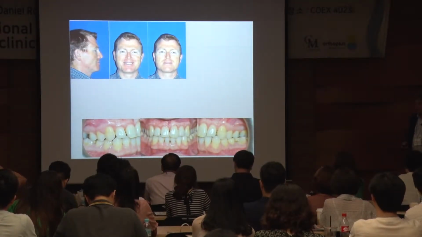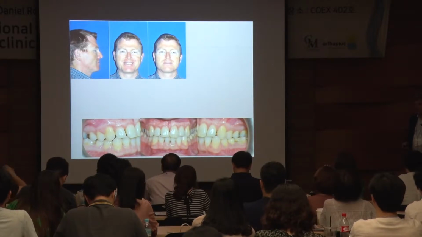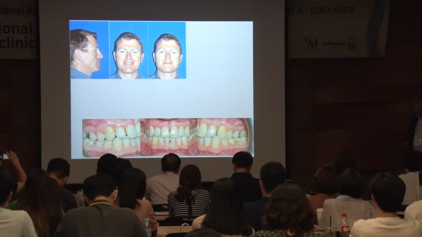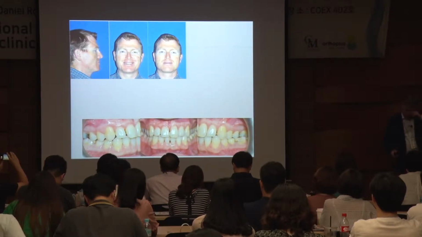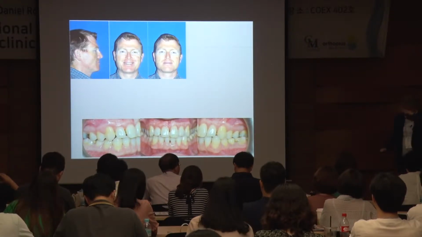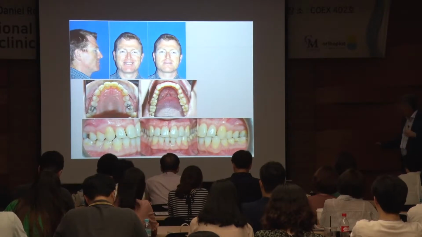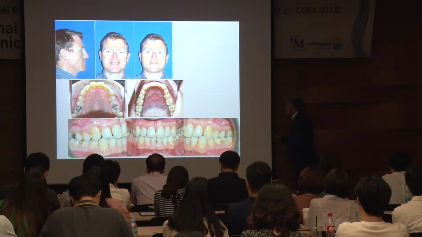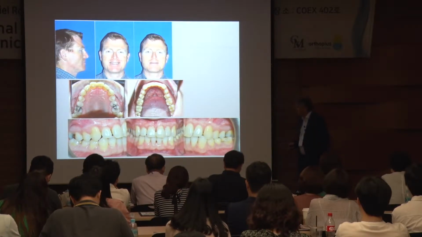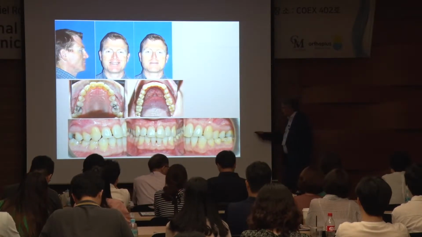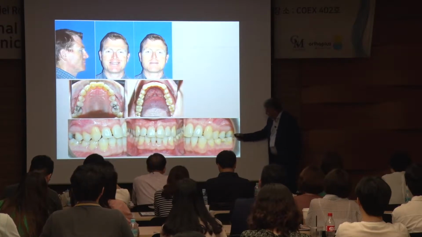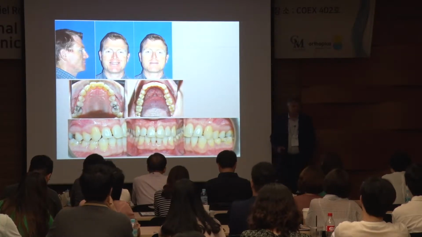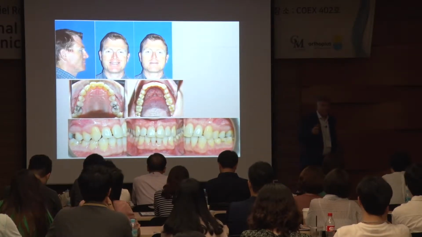For example, this patient was treated at Strasbourg University. He had a little bruxism, and here he was completely blocked with fixed retention. He had a retainer, so the mandible was locked in. He had a crossbite, and 10 years before it was not a problem.